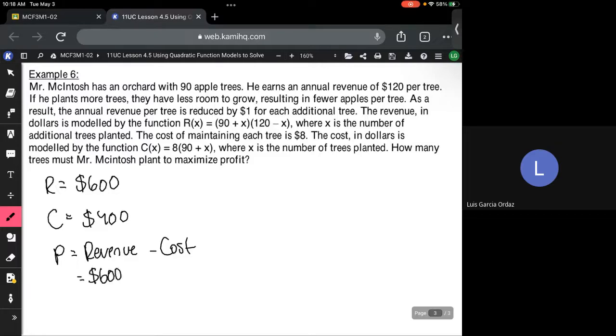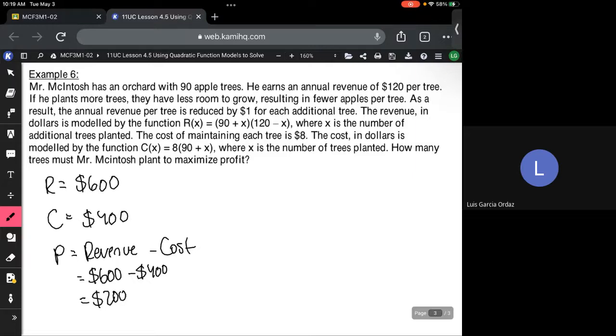So in this case, it's going to be 600 minus 400, which gives me a profit of $200. Although my company made $600, it cost the company $400 to make that 600. So in reality, I only made $200. Is this part of that question? It's part of the question.